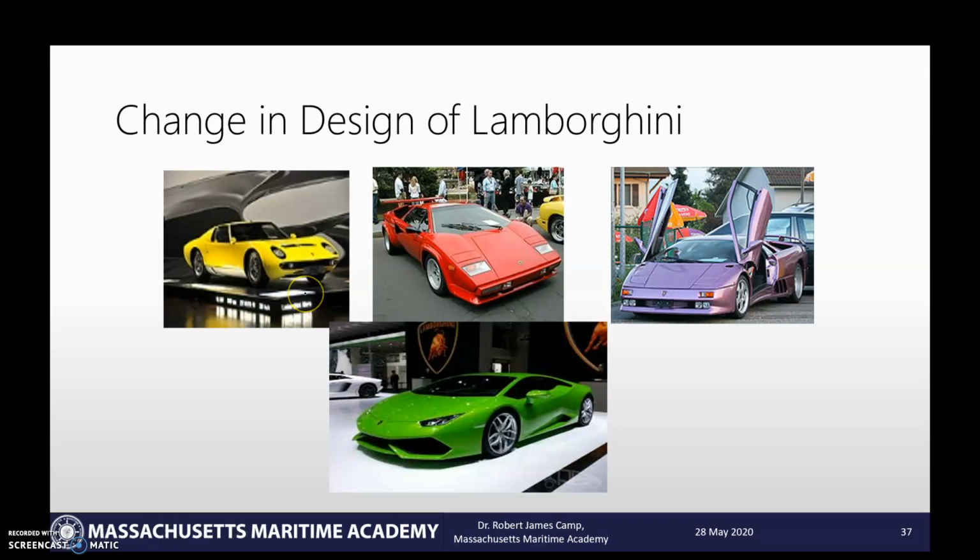This is 1967. We can go to 77. Right up here with the gull wing doors and the purple, that's 1990. And then this is a concept car. As you can see, as we move along, it's getting more and more streamlined, less and less angular.